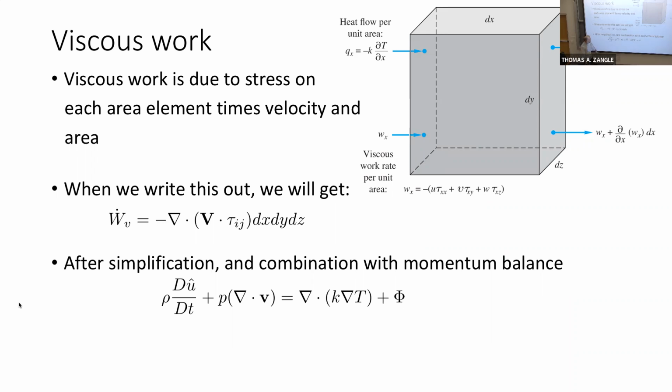Okay, so this is what we have for our general form of the momentum balance. There was a v dot del P term in the previous form, if you were paying attention to that previous form. The combination with the momentum balance actually got rid of that term.